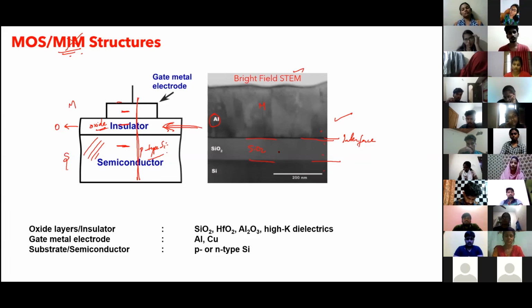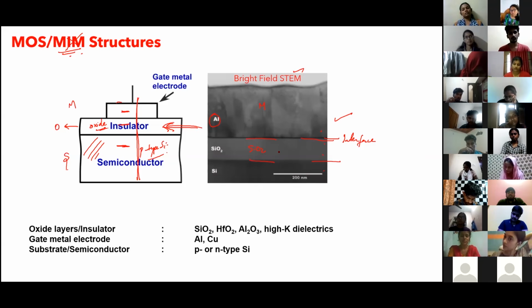We are going to see this a lot in our discussion. I hope that when I talk about an interface, you can recollect what I mean. Silicon and silicon dioxide have an interface between them, and silicon dioxide and metal have an interface between them. Because a lot of charges are going to be in these interfaces, we will see them.